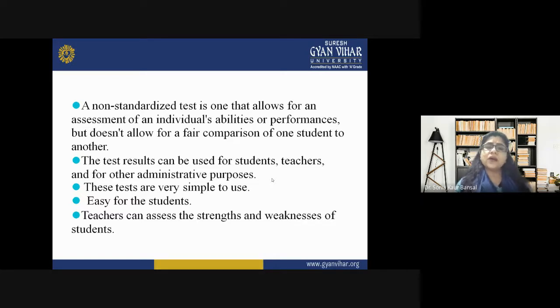Because strengths are something that may be highlighted with due course of time, but weaknesses are something that may not be expressed by the child in due course of time, and due to that weakness, the child's studies may be suffering, or maybe his assessment is being affected. So it is very important for a teacher to know the weaknesses also.